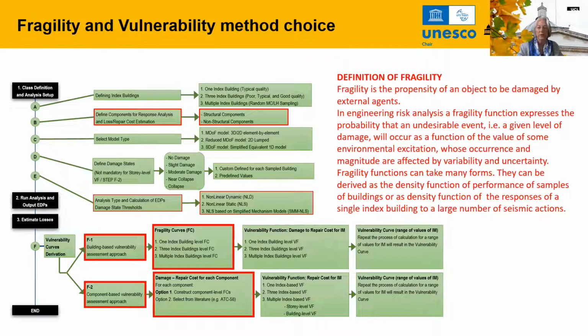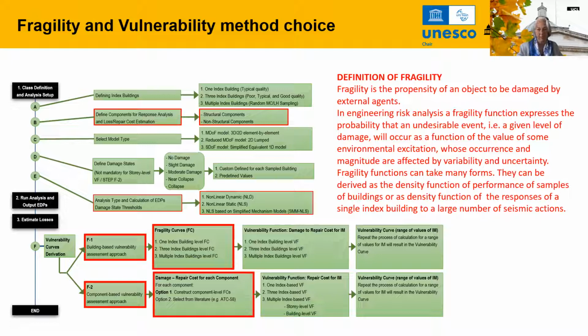In engineering risk analysis, a fragility function expresses the probability that an undesirable event, i.e. a given level of damage, will occur as a function of the value of some environmental excitation, whose occurrence and magnitude are also affected by variability and uncertainty, i.e. we are applying a probabilistic approach to both the occurrence of the hazard and of the event and the magnitude of the response and the effect on the building.